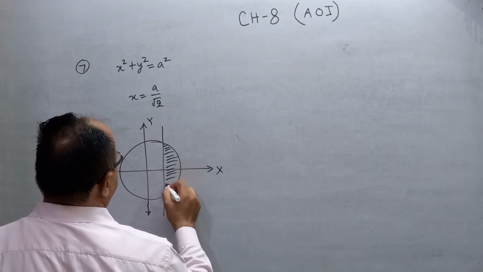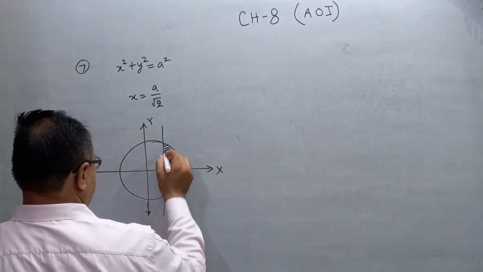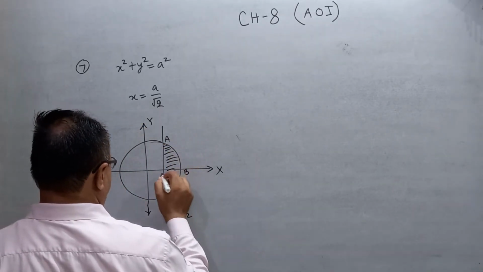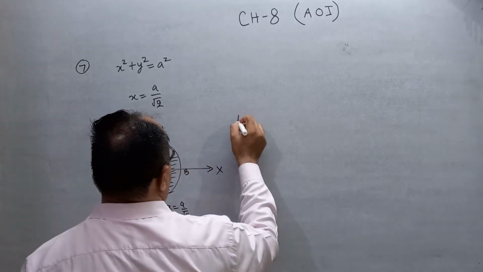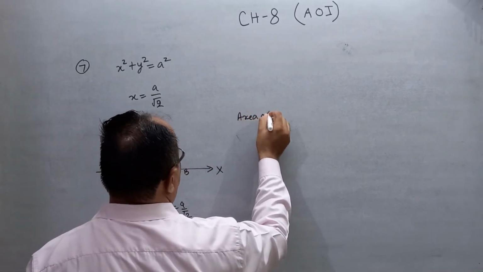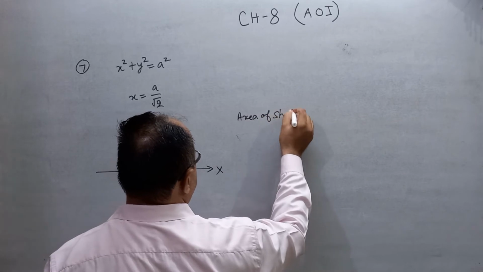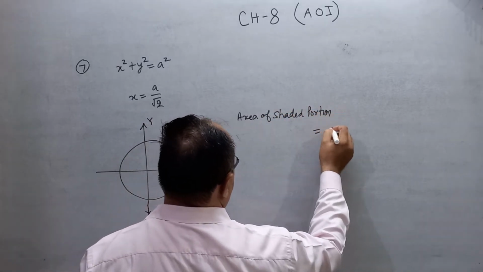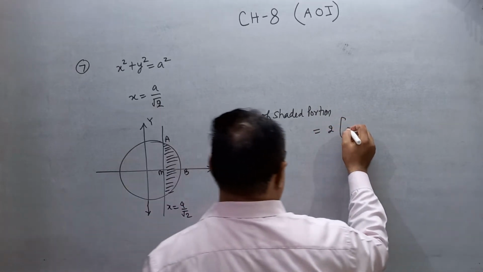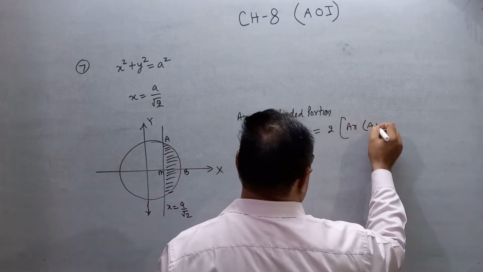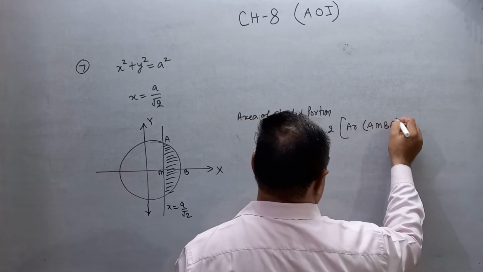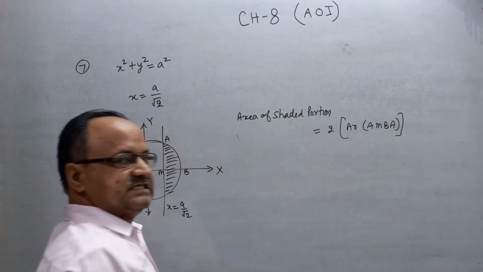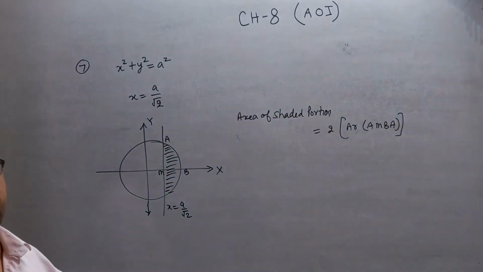Very simple. The naming of this A, B, M. Area of shaded portion, that is twice area AMBA. You know that area is symmetrical about x-axis.